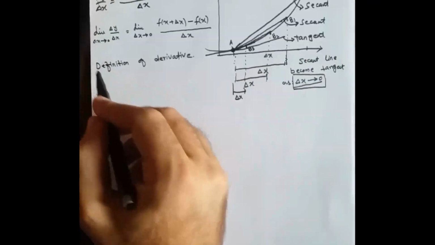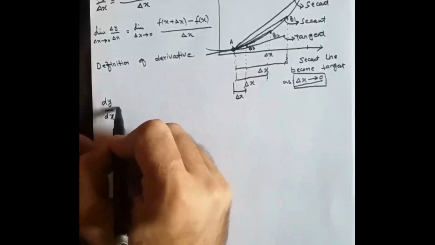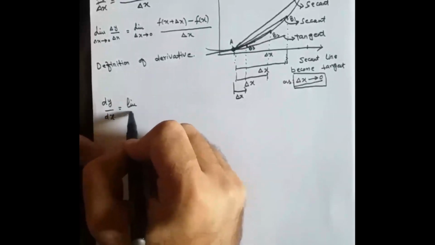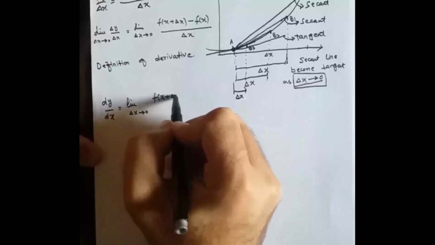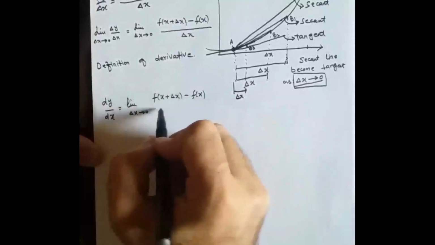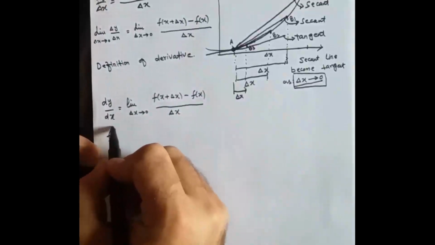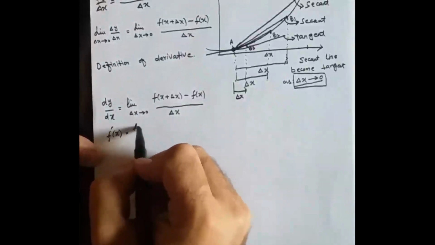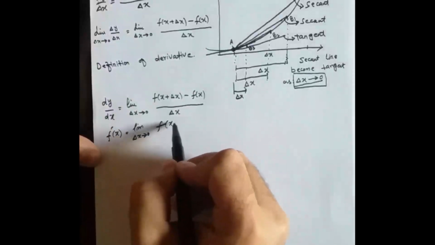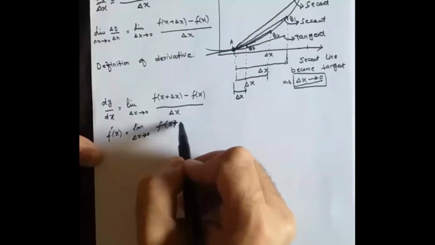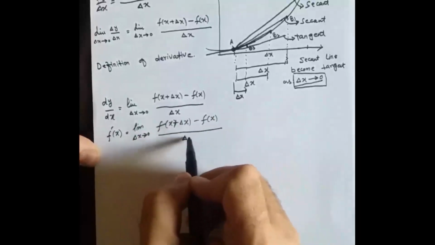That is, the definition of the derivative: dy by dx, meaning the derivative of function y with respect to x, is the limit of the slope of the tangent line, the limit as delta x approaches 0 of f of x plus delta x minus f of x over delta x, or f prime of x is equal to the limit as delta x approaches 0 of f of x plus delta x minus f of x over delta x.